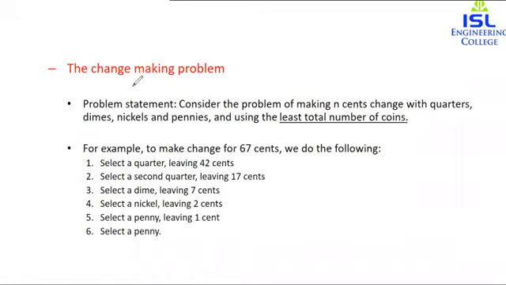Problem statement: we have here the change making problem. In this case, we are considering a problem of making n cents change with quarters, dimes, nickels and pennies, using the least total number of coins. Instead of this example, I'll consider an example in our currency.